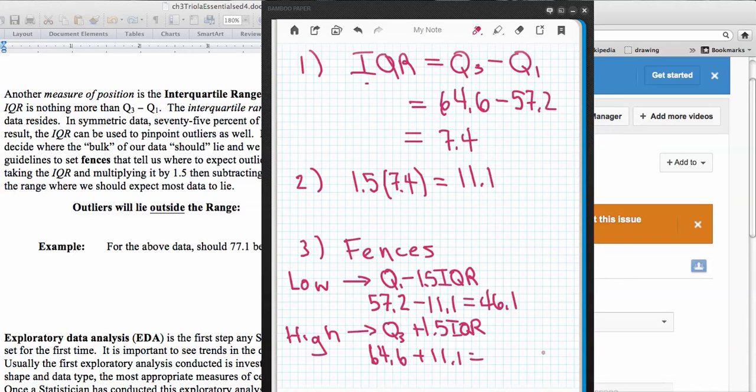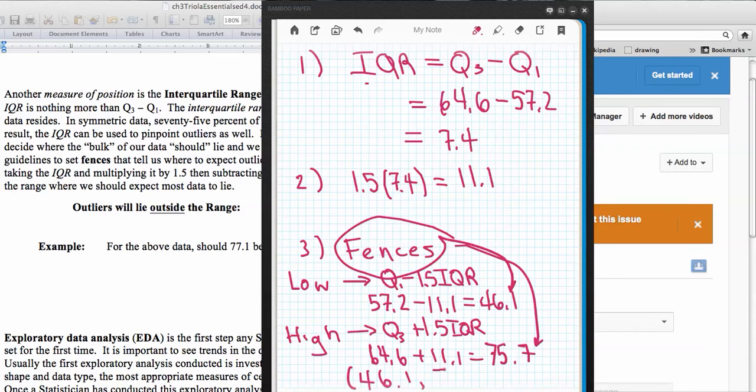So this one is going to give me 75.7. And those are my fences. So what this means is that I now have a range of data, 46.1 up to 75.7, that I would expect to contain my normal data, ones that are not potential outliers.